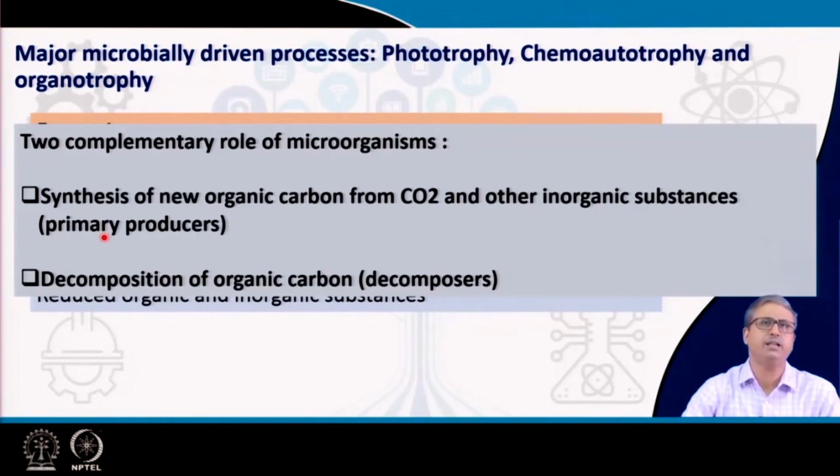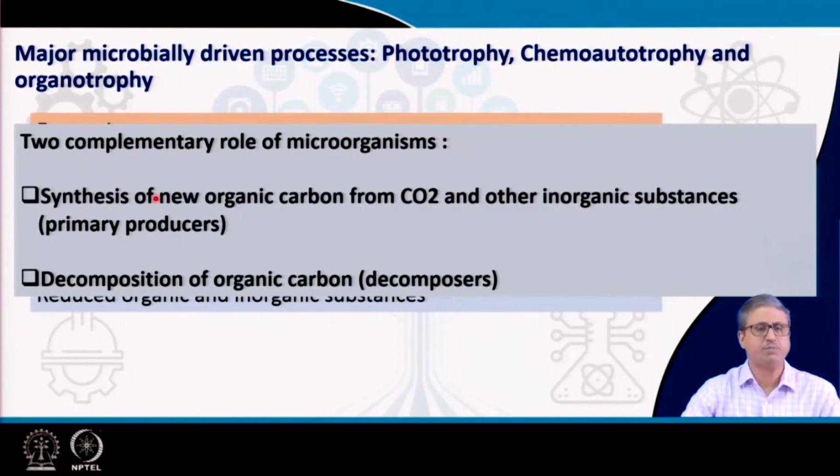So, as the cell grows utilizing the carbon dioxide, energy and inorganic nutrients available in its environment, it grows in number and creates a lot of biomass. Within this biomass, carbon is assimilated as organic carbon, and along with it the other inorganic nutrients are also assimilated.